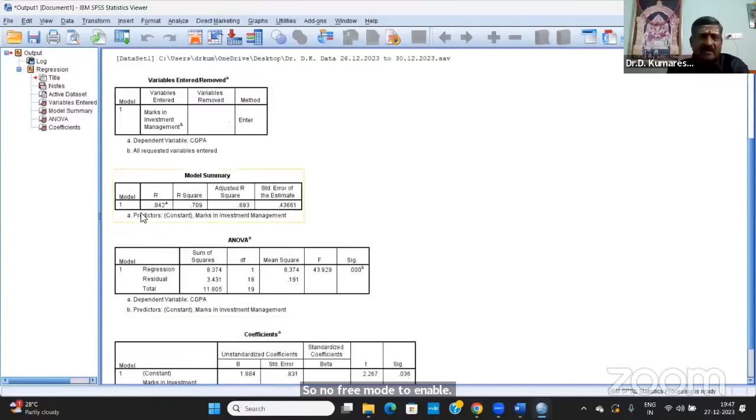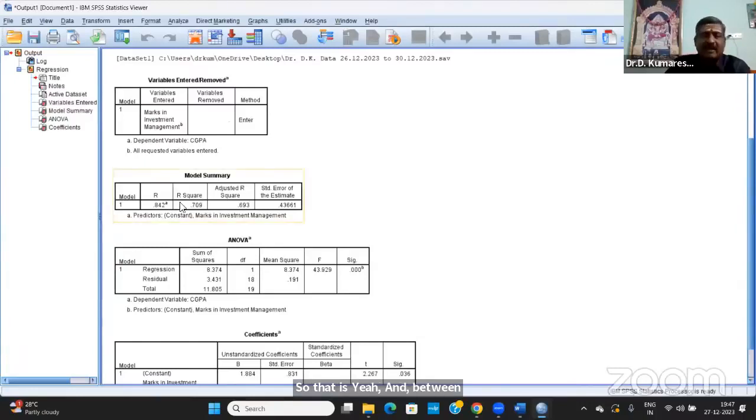Then R value is given. It is 0.842. So there is a positive and high degree of correlation between x and y.